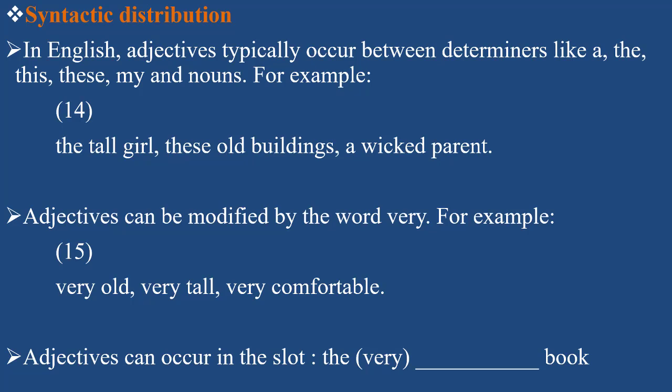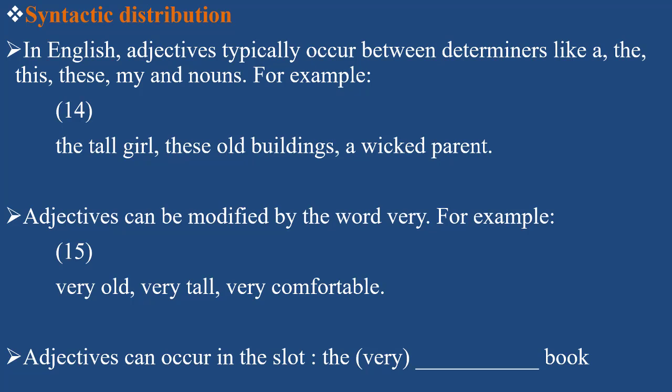So their syntactic position helps us to determine that a word in this example is an adjective. Adjectives can be modified by the word very. For example, very old, very tall, very comfortable. So any word that comes after very mostly is an adjective, based on their syntactic distribution.